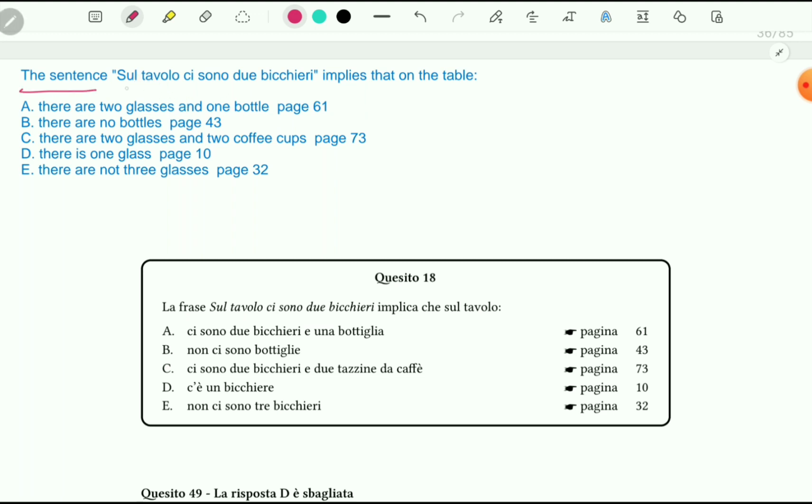The sentence "sul tavolo ci sono due bicchieri" implies that on the table. So sul means, if I translate exactly, sul means 1 and tavolo is table. Table. So we can add 1 the table.